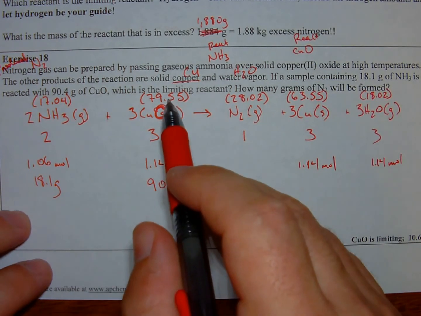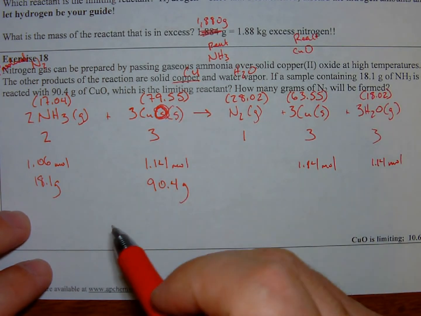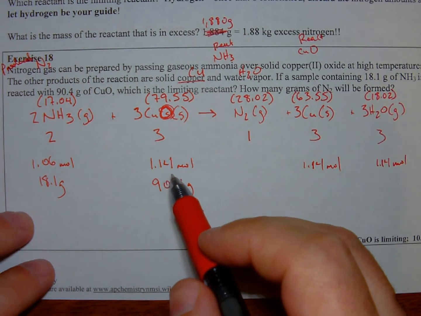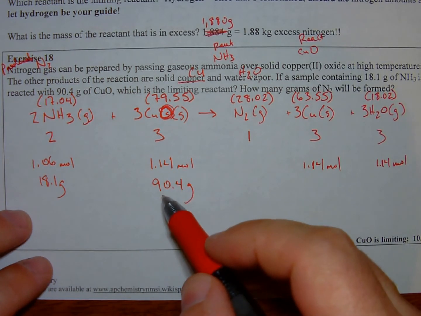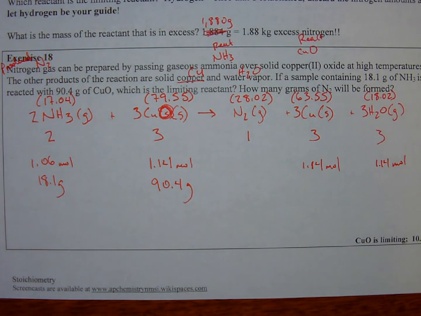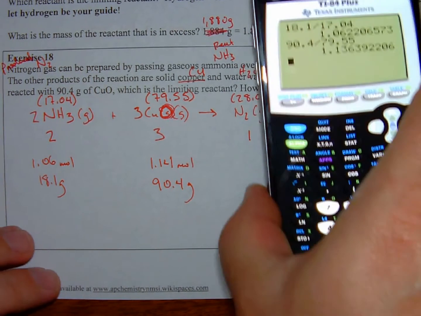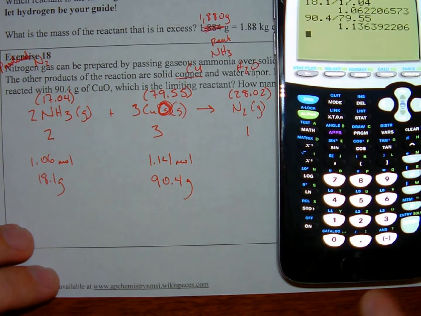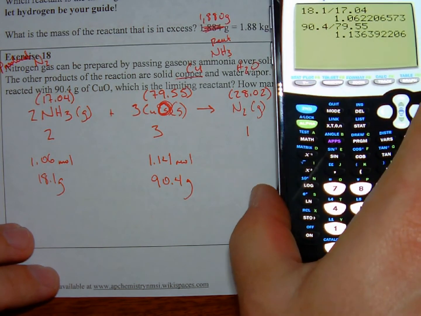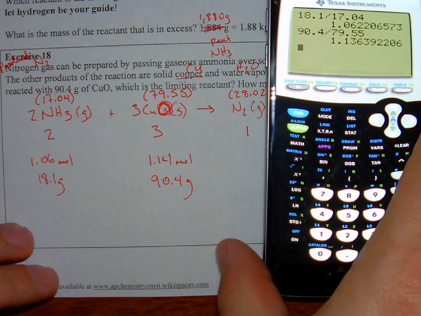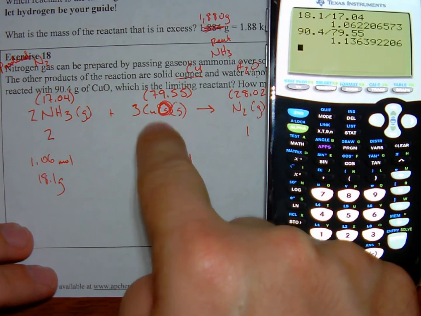First question, which one is limiting? So let's play the what-if game. What if all of the copper(II) oxide reacted? There's going to be this many moles of copper(II) oxide.